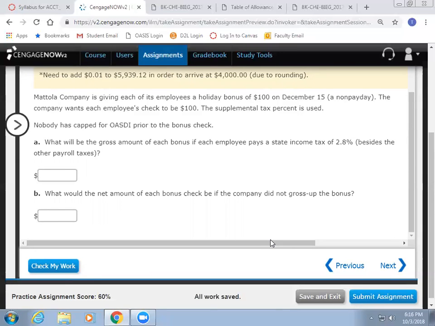So state's my only difference there. And when I do that, tell me what I did there.